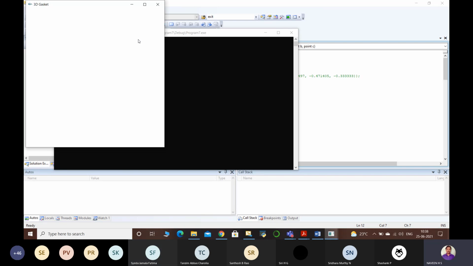That's why for higher values it's very difficult to see the output. You cannot see it on your screen, but it will be there, just a very small pixel. It looks like a dot, but that is not a dot, that will be a triangle.